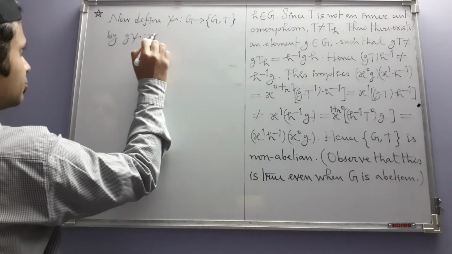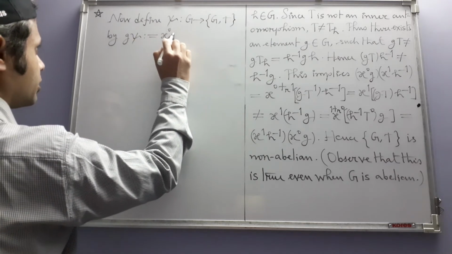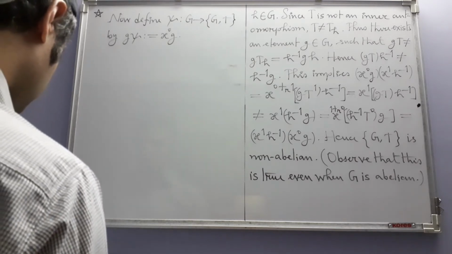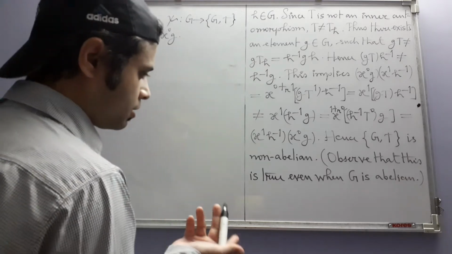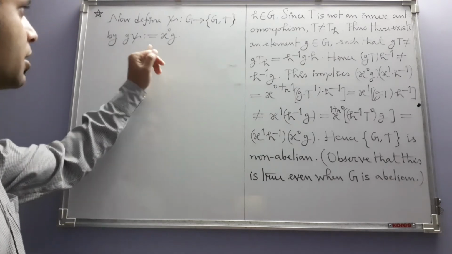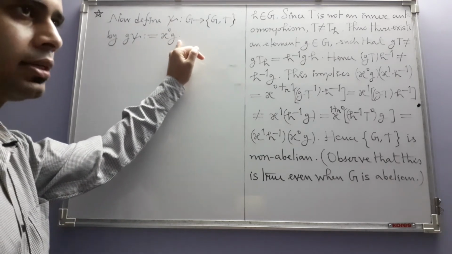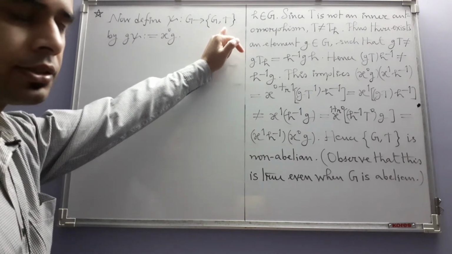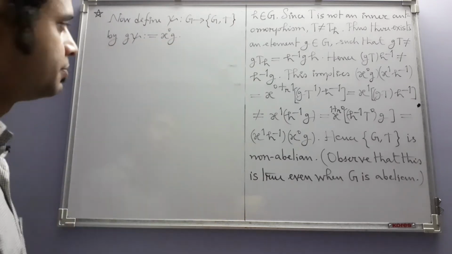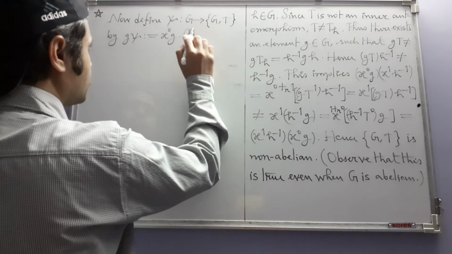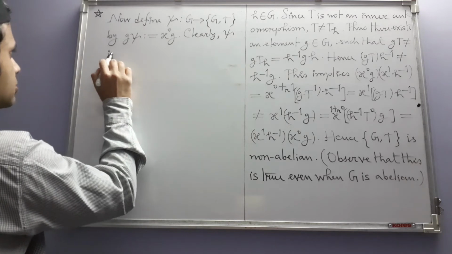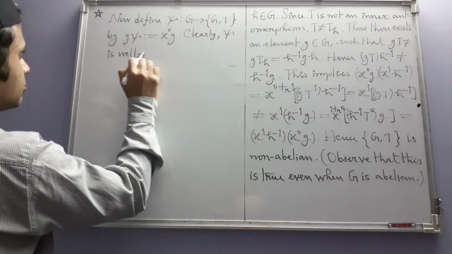G psi is defined to be x0 G. Now there is no question that this map is well defined, because first of all the symbol that we are getting as output is an element here in the second set, and for a given G this symbol is unique. Clearly this is well defined.